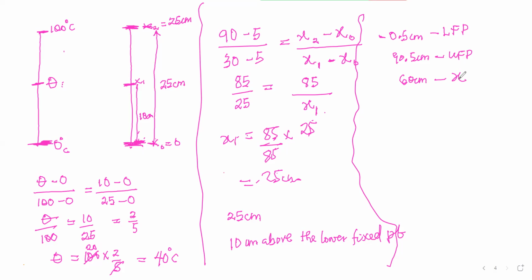Yes, please. A thermometer is found to indicate negative 0.5 centimeter at the lower fixed point and 90.5 centimeter at the upper fixed point.